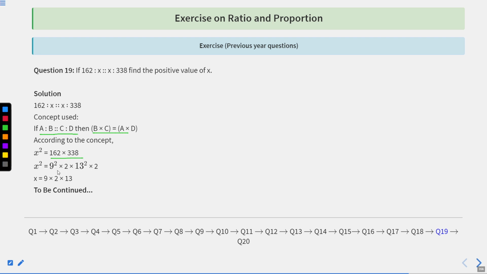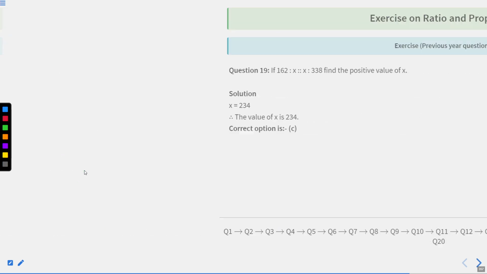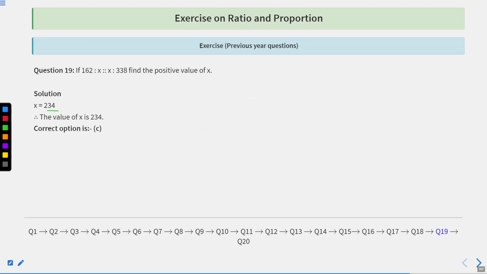So when you break this into parts, then x will be equal to 9 into 2 into 13, because there are 2 pairs of 9, 2 pairs of 13 and 2 pairs of 2. So it becomes easier to solve and we receive value of x faster. So x is equal to 234. So the option correct here is option C.